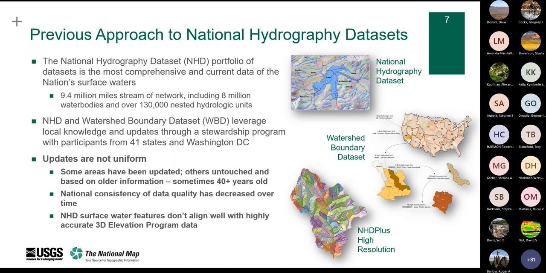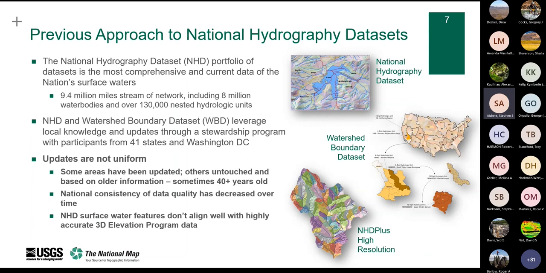So if one region, one state, one area has done a very thorough job of upgrading their data, and other states, regions, across the state line have not, this makes interpretation very difficult, particularly for anything that wants to cross that state line, any kind of application that crosses that state line.